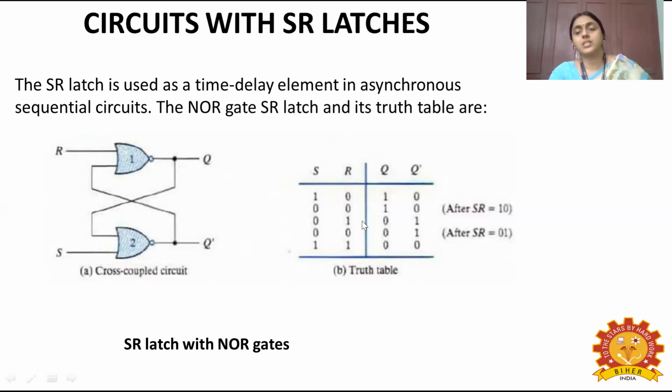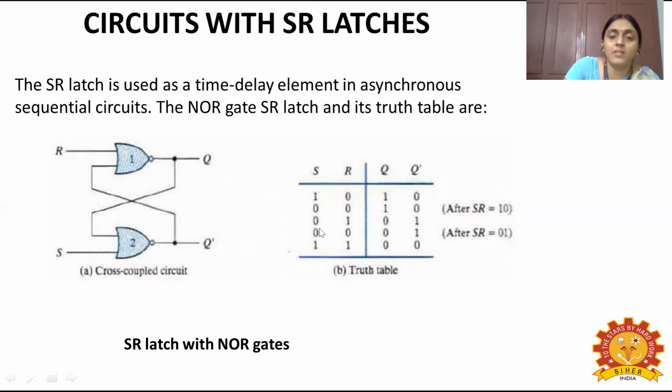And the truth table is given on the right hand side. When S and R values are 1 and 0 respectively, then the next state Q and Q dash values will be 1 and 0. Next, when S and R values are 0 and 0, then the next state Q and Q dash values remain the same.